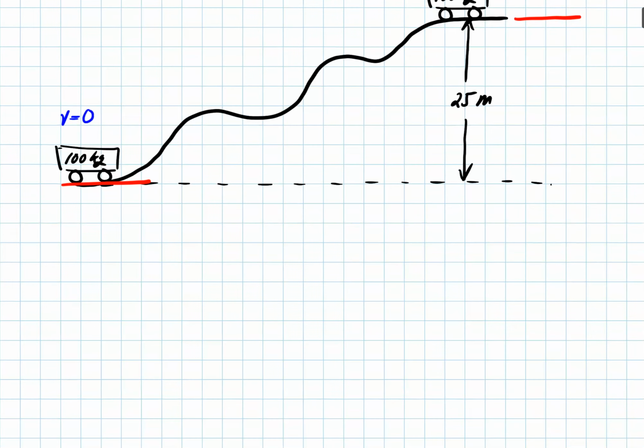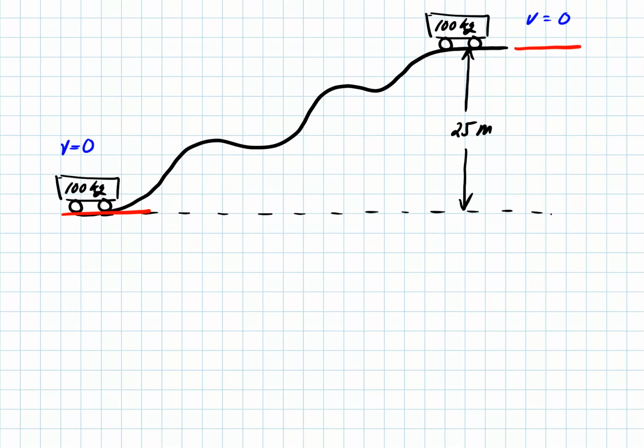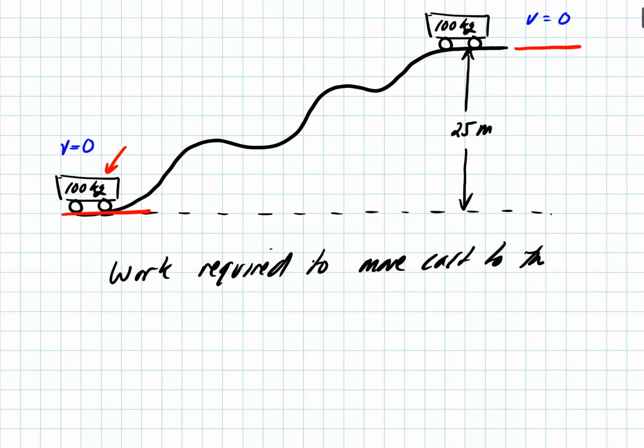I have a 100 kilogram cart here on Earth, and I want to know how much work is required to move this cart to the top. Now look at this crazy path. There's simply no way I could use Newton's laws. I don't know the angles, okay? But it's so easy because this doesn't matter.